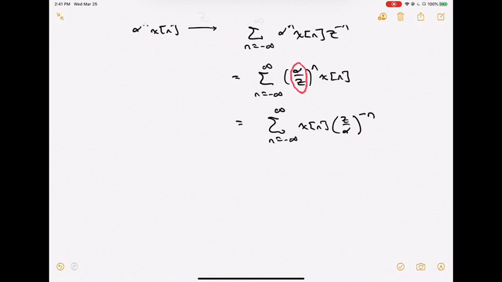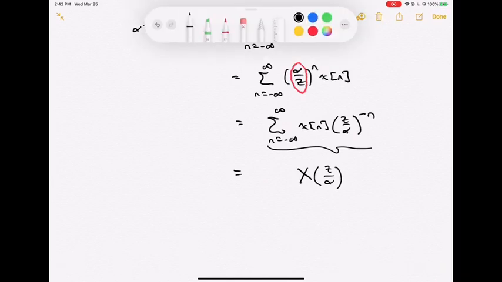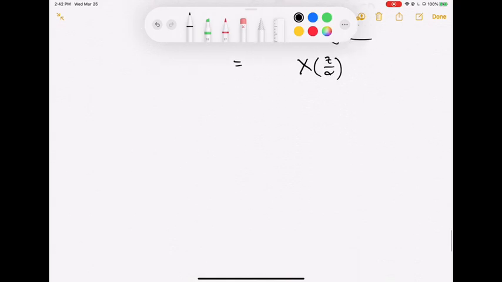So now we're there. We recognize this whole thing is just my z transform, not of the variable z, but of the variable z by alpha, which is exactly what we wanted to show. We wanted to show that scaling by an exponential just scaled our z variable. So that was our third property.